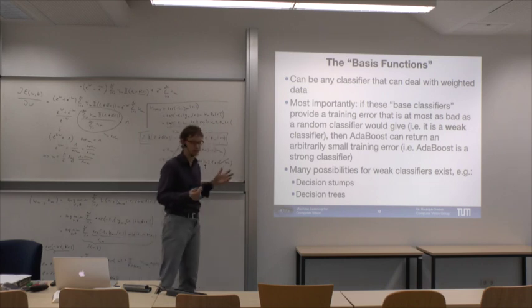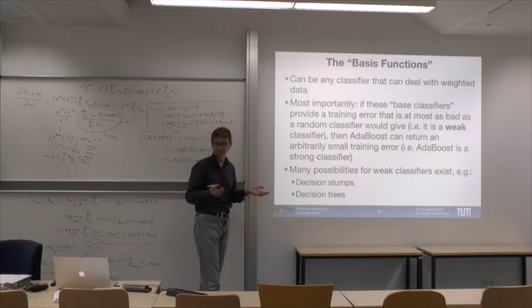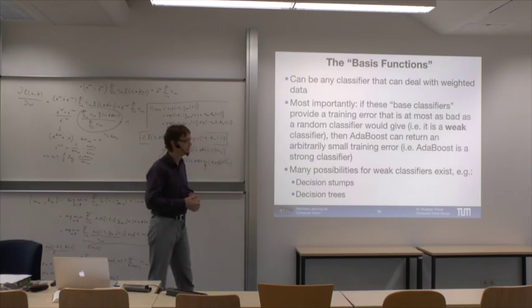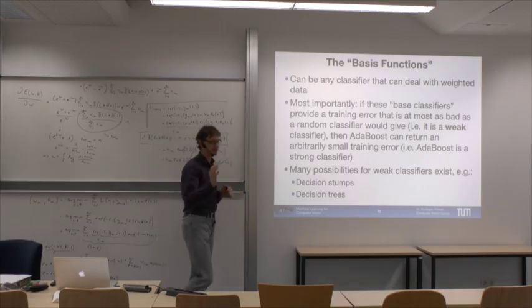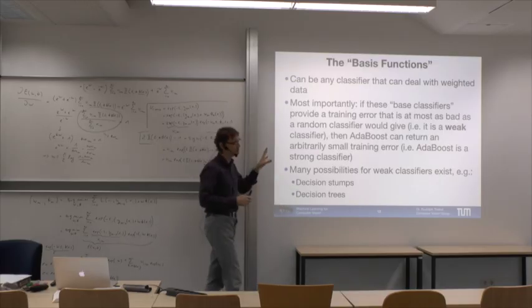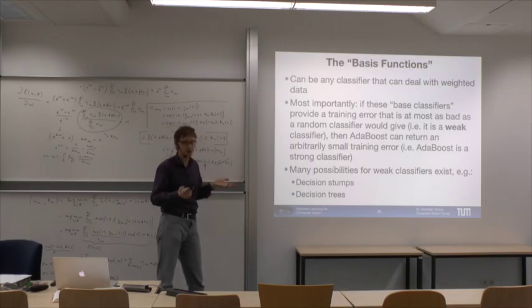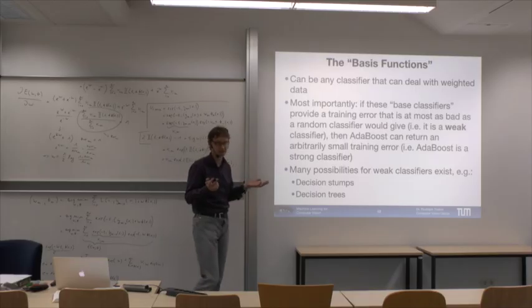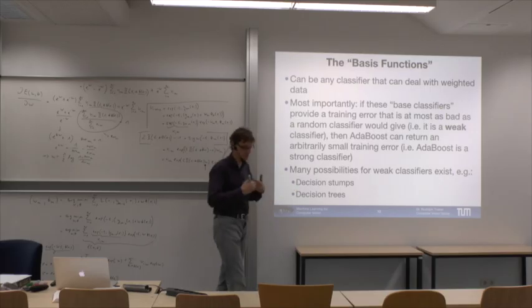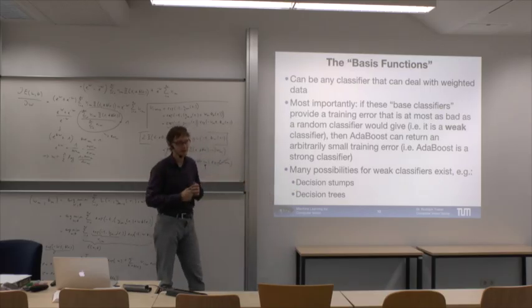A random classifier for a two-class problem has, of course, an error of 50%, right? If you just sample labels randomly for the data, then on average you will have a training error of 50%. That means you need to guarantee that your weak classifier is better than that, which shouldn't be a big problem, because otherwise you can't do classification at all, right? If you have a classifier that is worse than random, then why would you do learning at all?